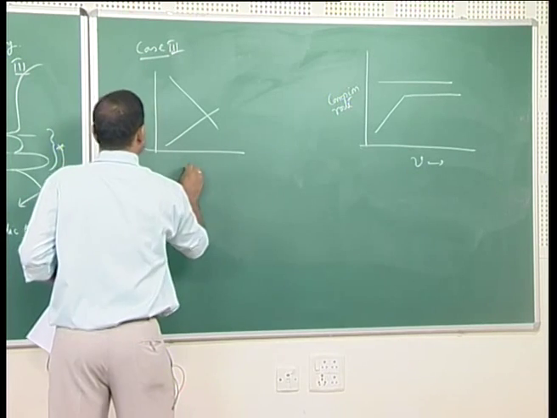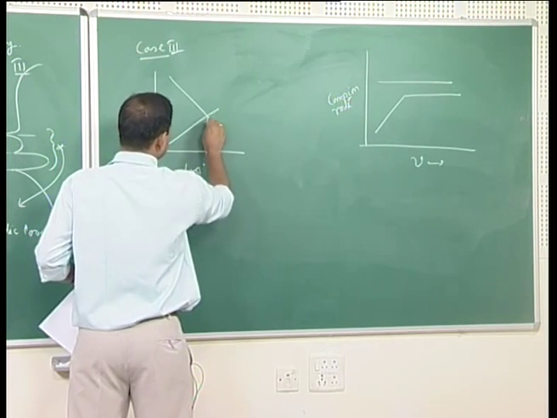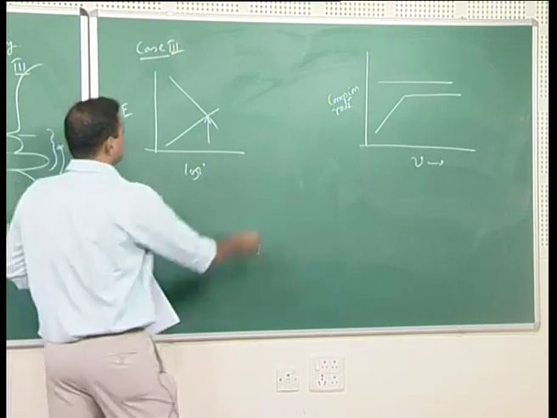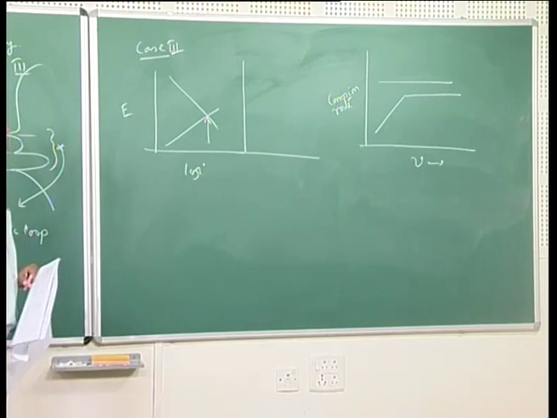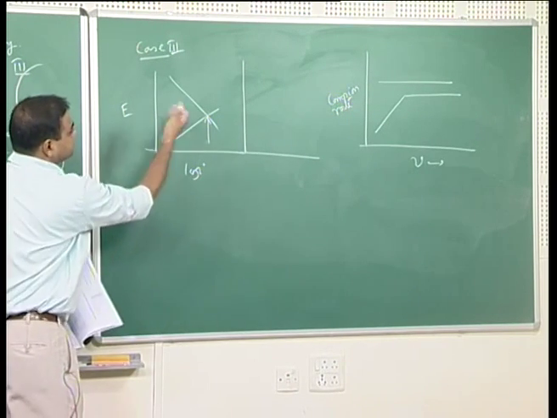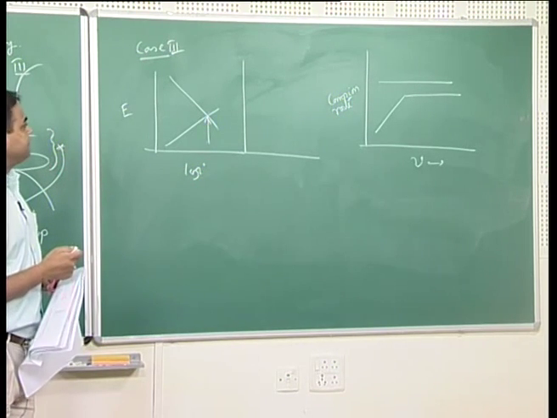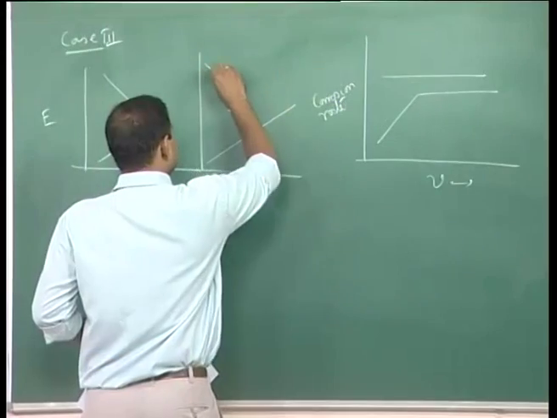This is E versus log I, and this is anodic polarization, this is cathodic polarization, and it is meeting here. So, this is my corrosion current. And the second case is where you have concentration polarization controlled, this is activation polarization, that is why we call it activation controlled. And if it is concentration polarization control, that time I will have this situation.